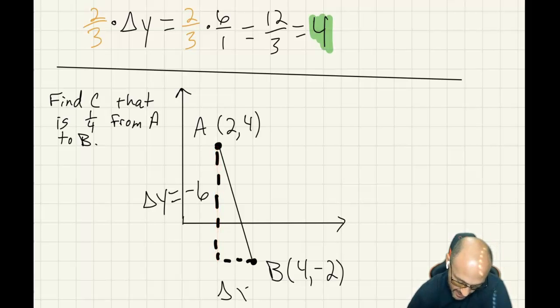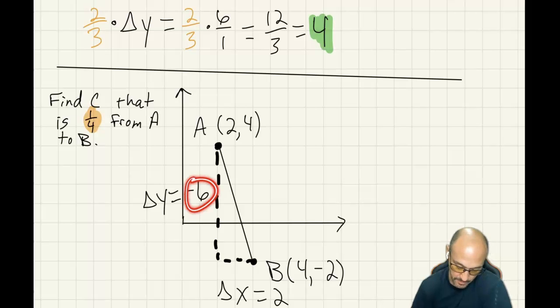And our delta x is going to be this direction to the right, so that's length 2. So what we have here is our 1/4 is going to be what we're multiplying -6 by, and also what we're going to multiply 2 by.